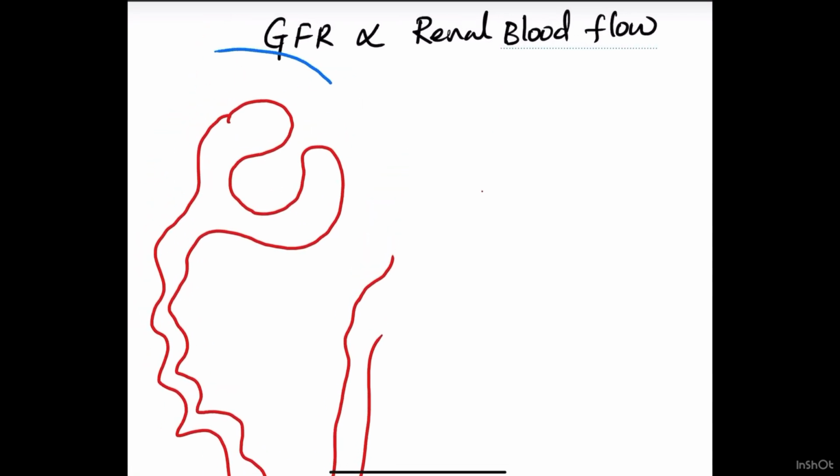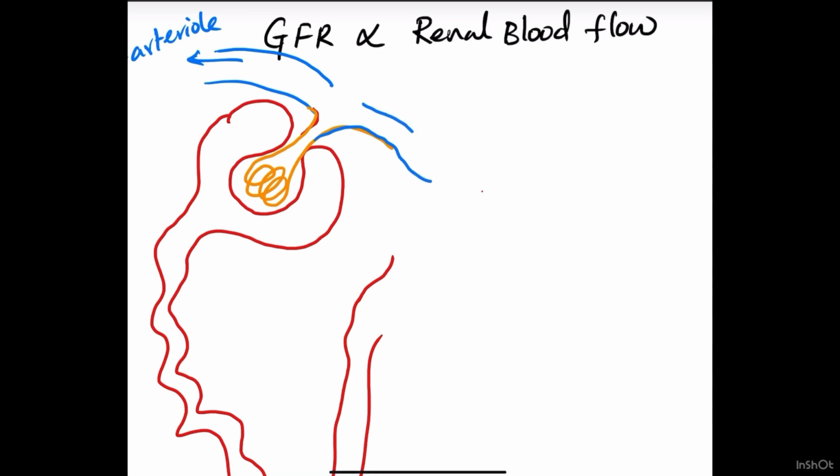In this one, the afferent arteriole is there. This is the afferent arteriole, and here it is going to be divided like this, and this is the efferent arteriole. You just imagine it like this.